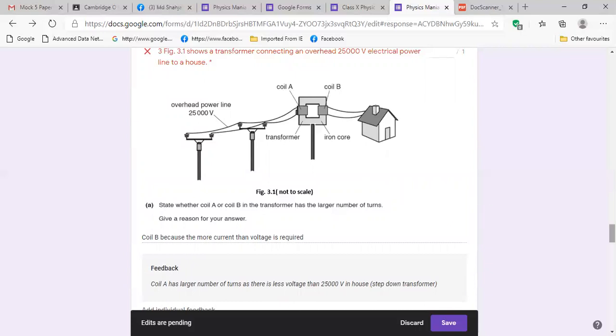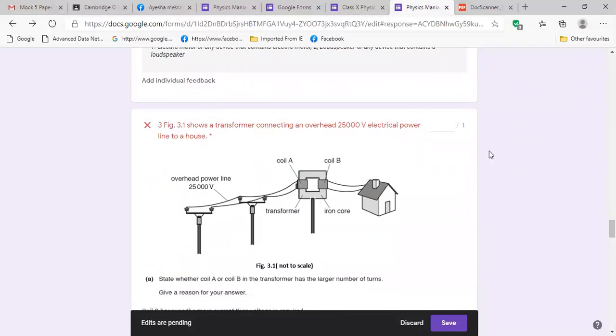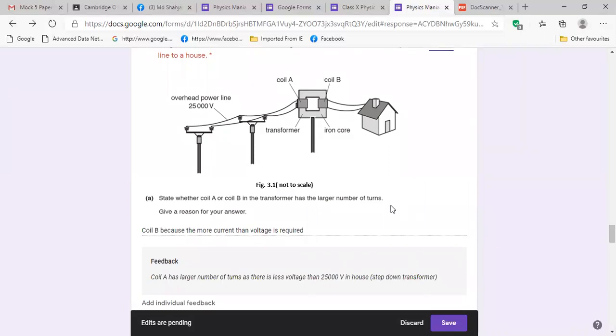So this one was a very easy question. Look here, you can check your notes. If here we have the power station, then we are having a step up transformer from here to here.